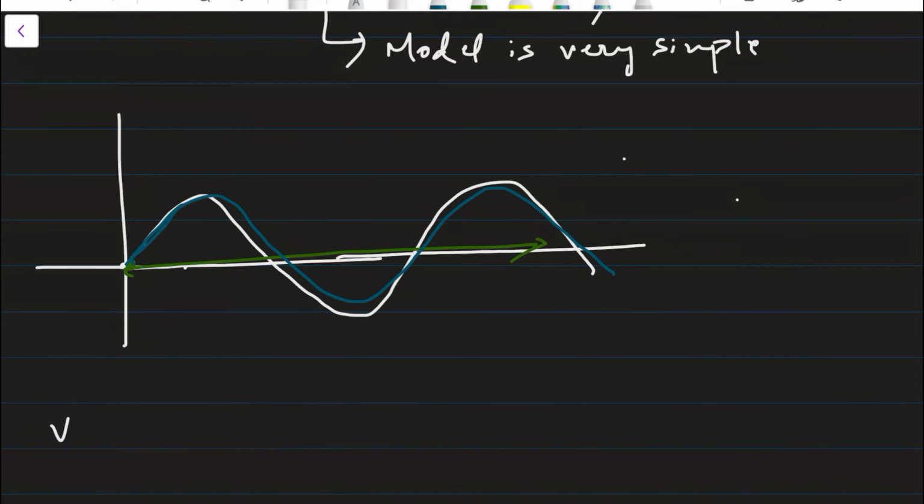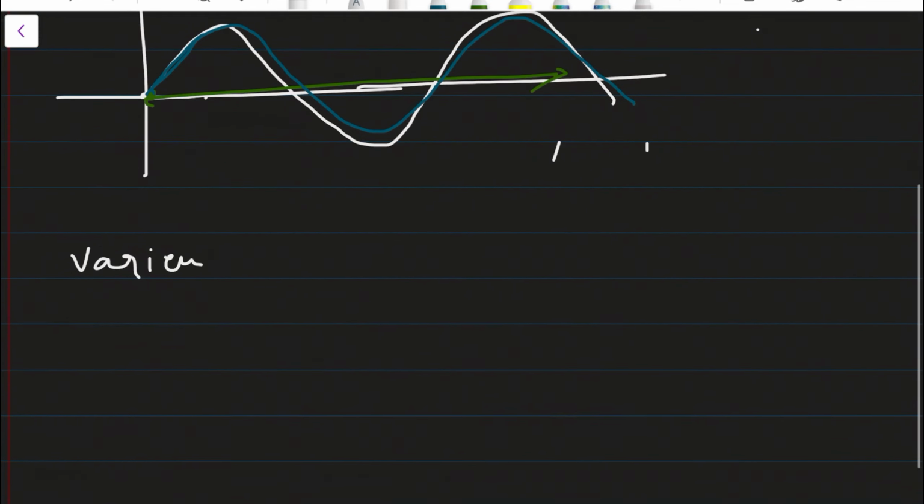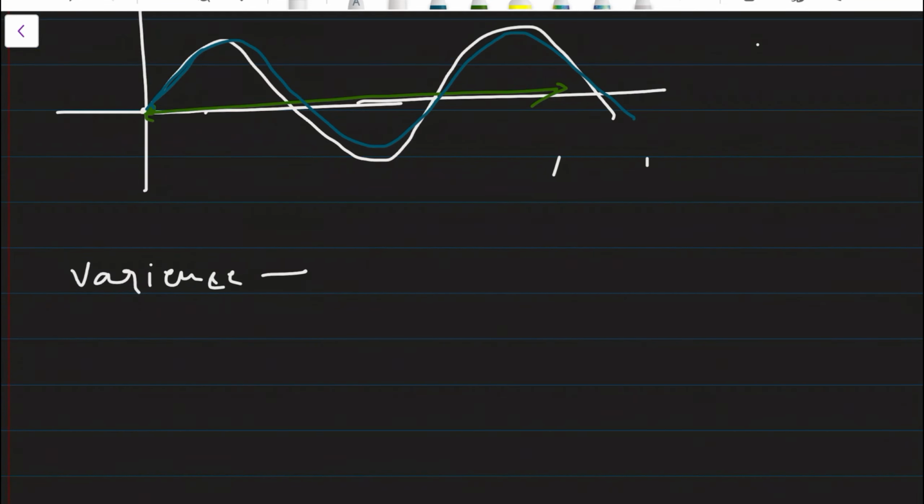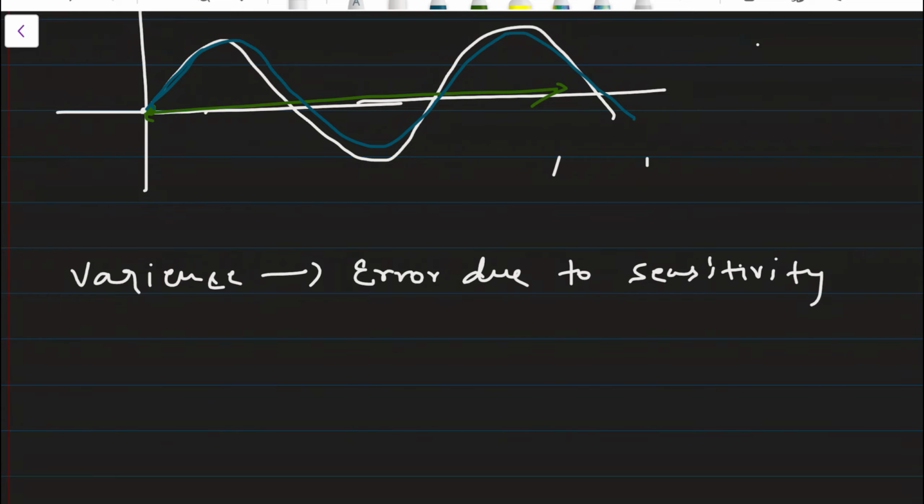Okay, just hang on. So what is meant by variance? This is error due to sensitivity. Here, it is the opposite of bias, that is, the model is very complex.